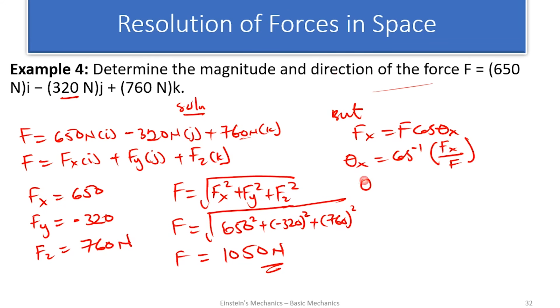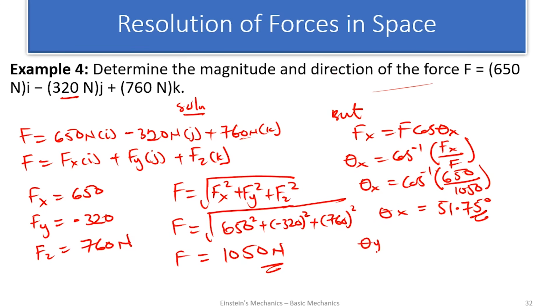Yes. So my theta x is cosine inverse of f of x, which is 650, on the magnitude 1050, and my theta x is 51.75. The same thing will apply to the other ones.